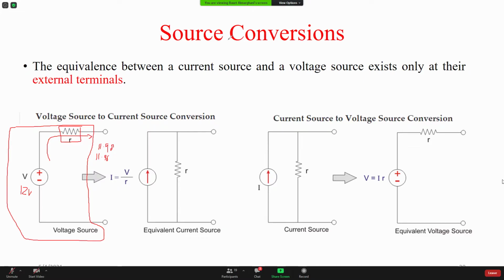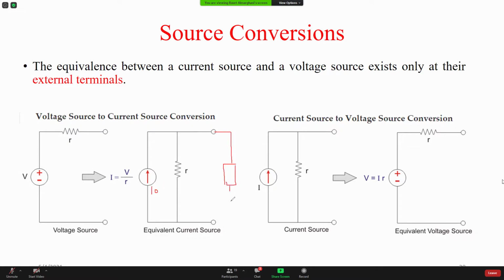Now the current source is the same thing. It's not going to be able to give you the exact current. So if this is 10 ampere, it's not going to give you 10 ampere if you connect it to a very high resistance, let's say 1 megaohm. Some of the current will be lost inside the source.